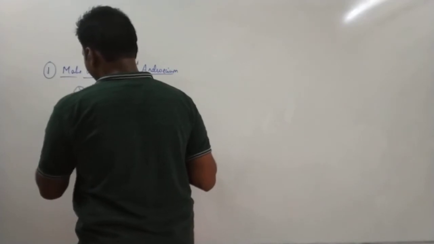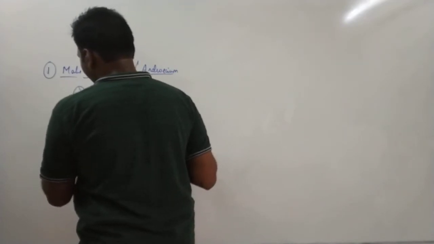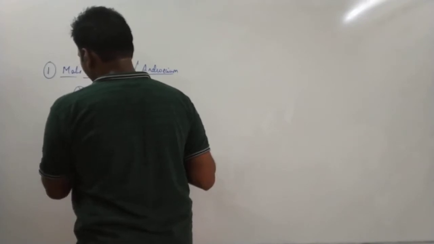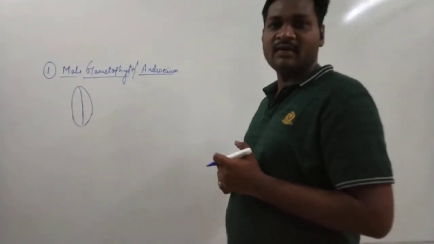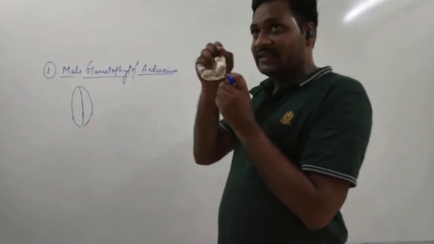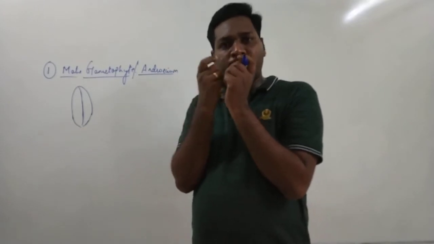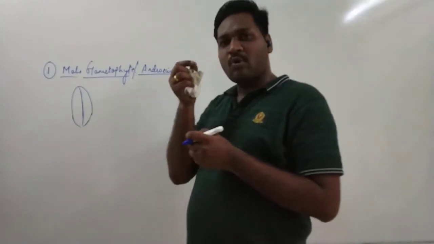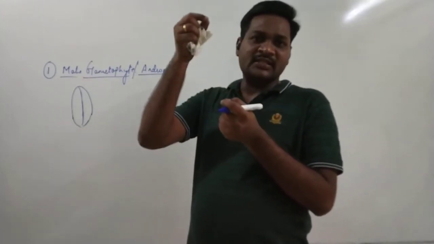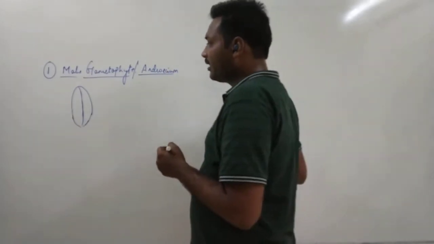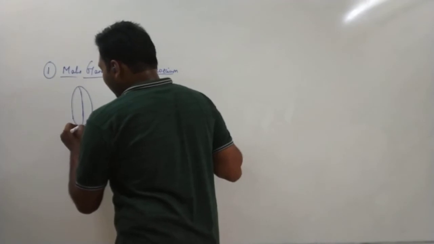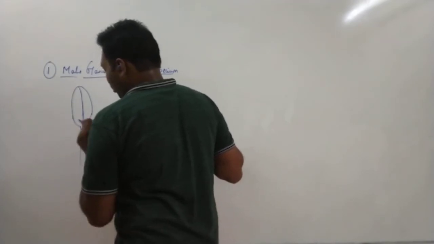The anther is a very minute structure in the flower. At the tip where the flower opens, there are small stalk-like structures, and on them the bird-like structure, that is the bilobed anther, connected with the stalk.